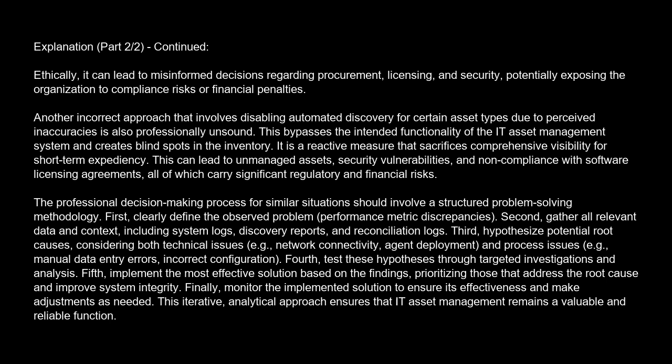Fourth, test these hypotheses through targeted investigations and analysis. Fifth, implement the most effective solution based on the findings, prioritizing those that address the root cause and improve system integrity. Finally, monitor the implemented solution to ensure its effectiveness and make adjustments as needed. This iterative, analytical approach ensures that asset management remains a valuable and reliable function.